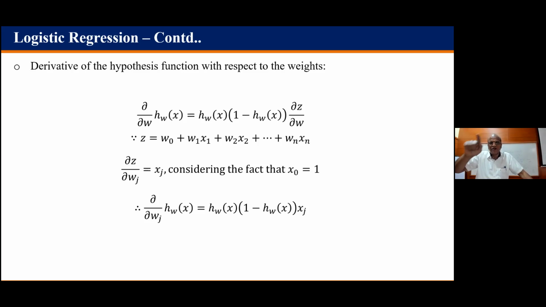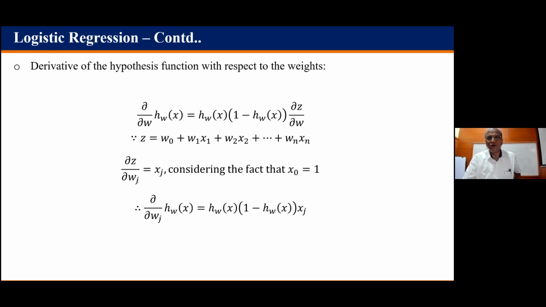Only that particular term, Wj xj, remains, and the derivative with respect to Wj gives you xj. Therefore, ∂z/∂Wj becomes just xj.